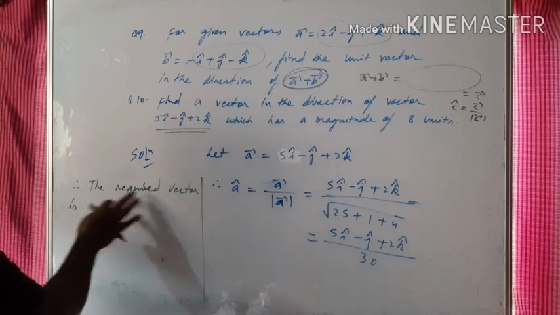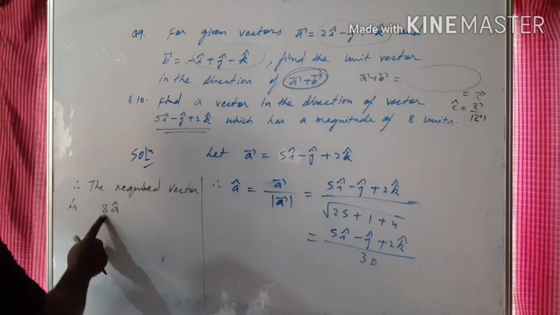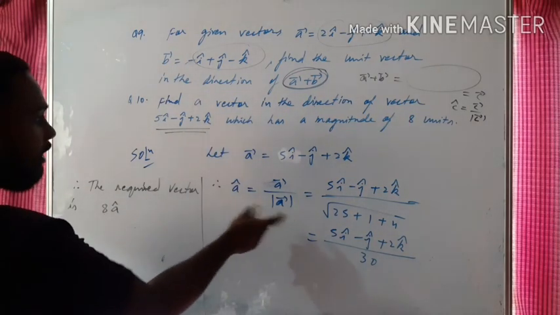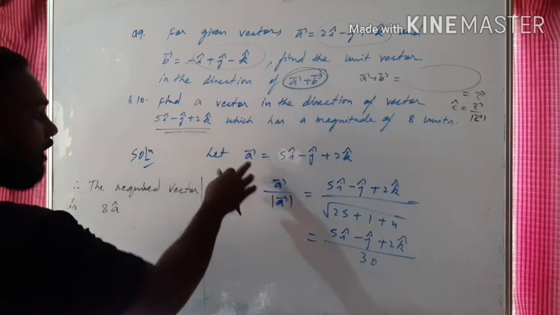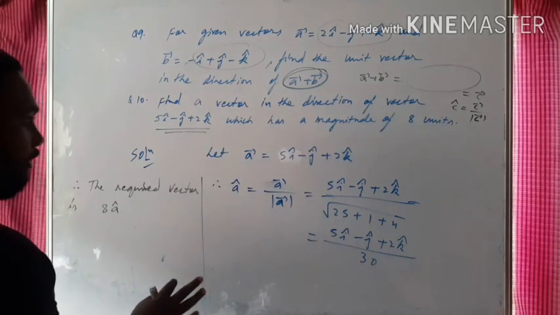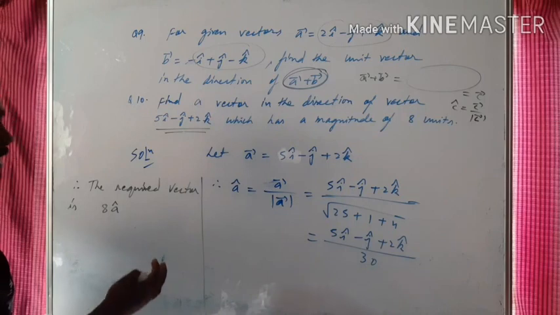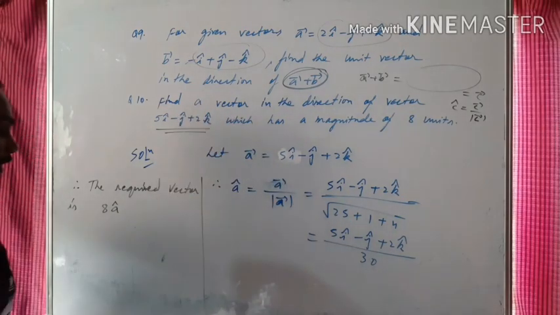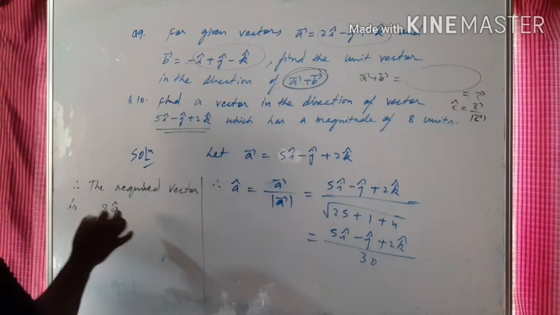A cap gives the direction of a bar, isn't it? So I want to find a vector which is in the direction of a vector and having magnitude 8.